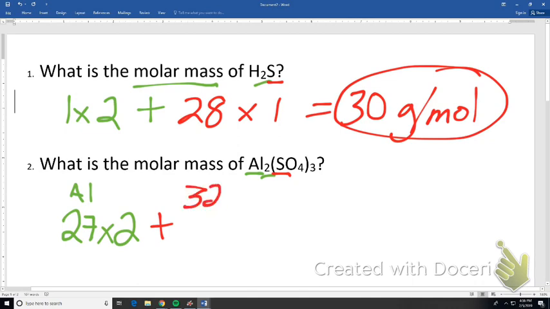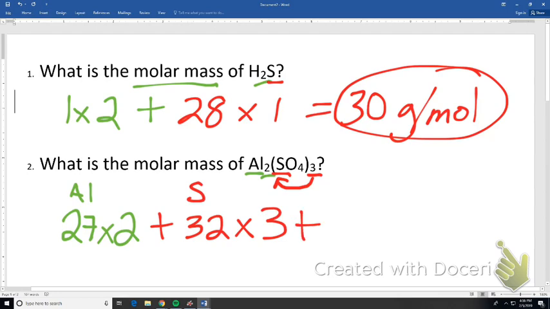Sulfur is 32, times however many sulfurs there are. Since the sulfur is in parentheses, there's only 1 right now. But I have to look at the 3 that's outside the parentheses. It multiplies everything inside, just like math class. So there's 3 sulfurs.